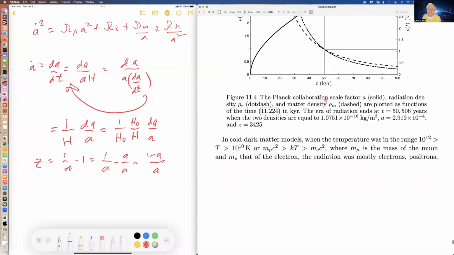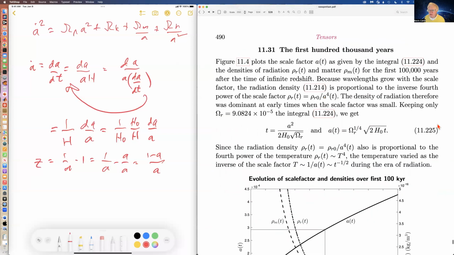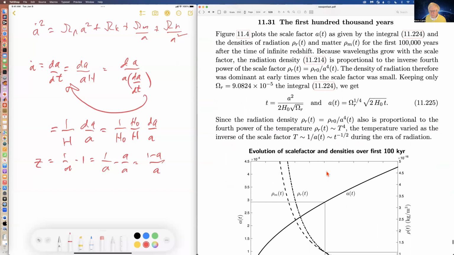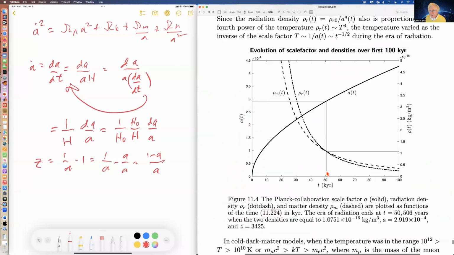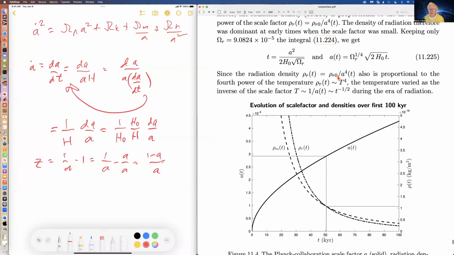Maybe I should just read some of this because it is sort of technical. Actually, here's the way to think about it. Basically, the first 50,000 years, we're talking about radiation. And radiation we've seen goes as 1/A to the 4th. On the other hand, it goes as T to the 4th.